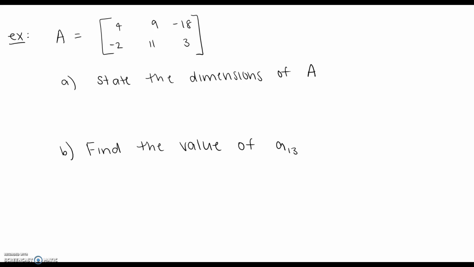So why don't you pause the video and give it a try. Hopefully you're looking and you're like, okay, there are 2 rows, three columns, so this is going to be a 2 by 3 matrix.